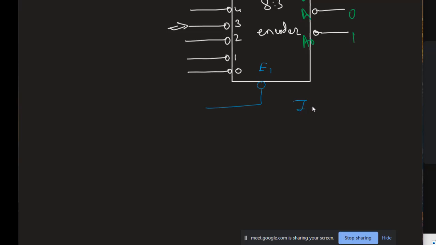Is it clear? This is the IC, and it will also have an extra output, the enable output. Just as there is an enable input, there can also be an enable output. So you might ask what is the use of this thing.